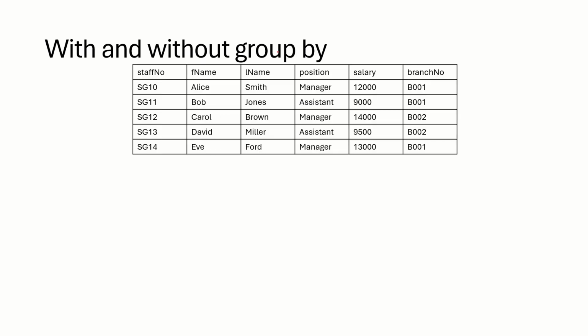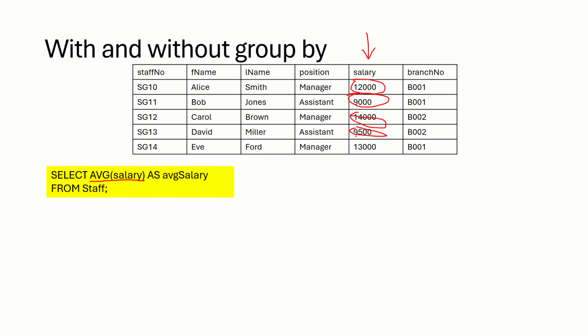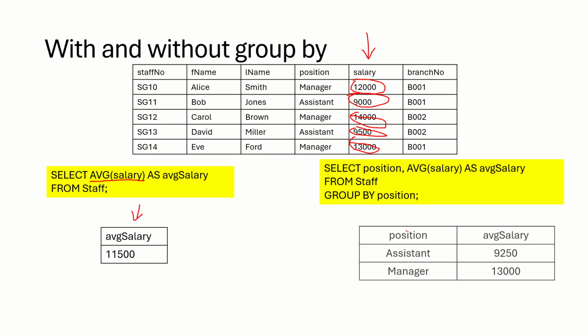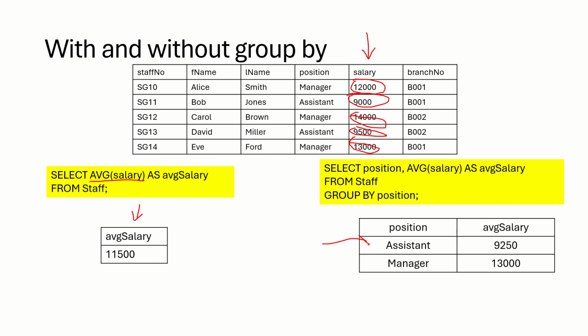Without using group by, if I run this code, it will select these rows and sum them up and get the average. It will more likely return a table like this. This is the average. However, if we use group by, the result will be like this.